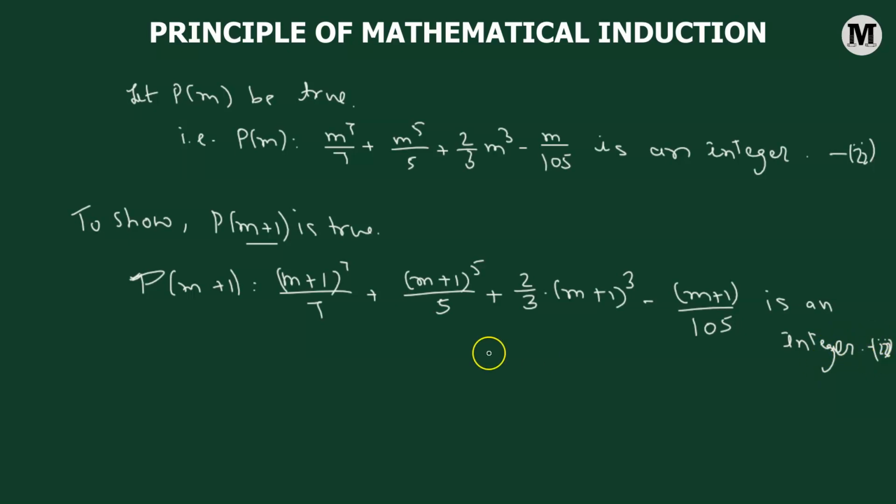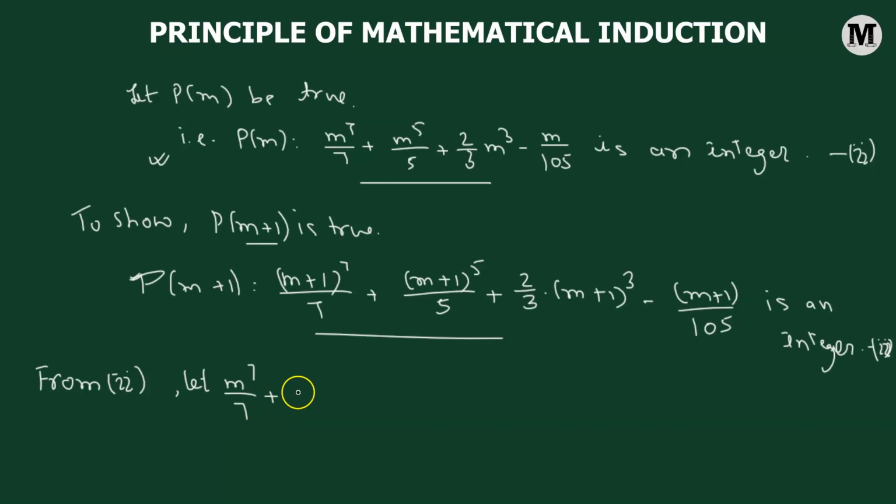Now how do we verify that this particular expression is an integer? Here we'll be taking the help of statement number 2. From statement number 2, we have already considered that this expression is an integer: m raised to the power of 7 divided by 7, added to m raised to the power of 5 divided by 5, plus 2 over 3 multiplied by m raised to the power of 3, minus m over 105.